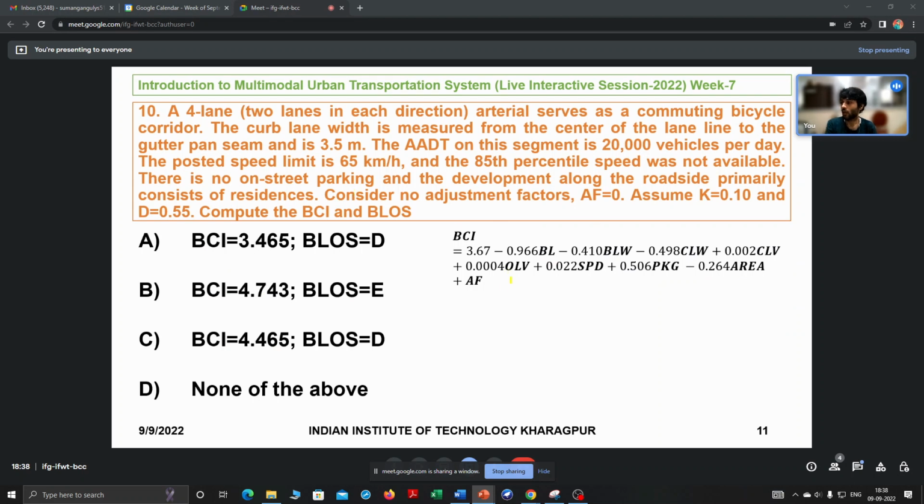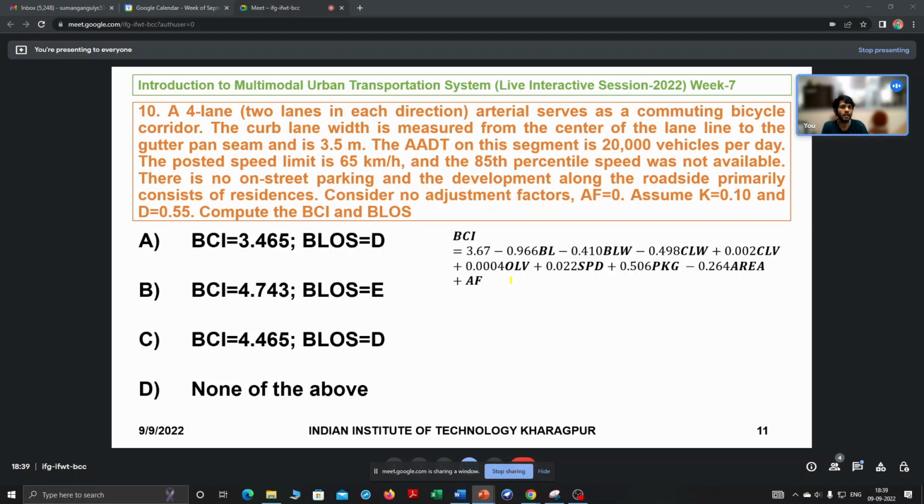Now the question is, a 4-lane arterial road, 2 lanes in each direction, serves as a commuting bicycle corridor. So you have a bicycle corridor which consists of a 4-lane arterial. The curb lane width is measured from the center of the lane line to the gutter pan seam, and it is 3.5 meters.